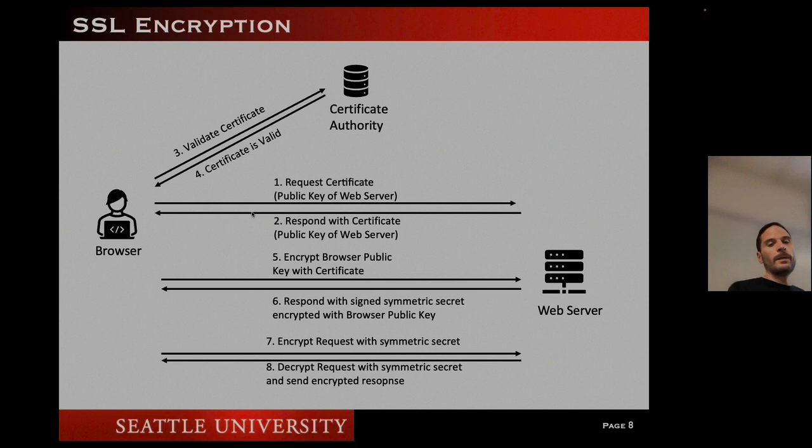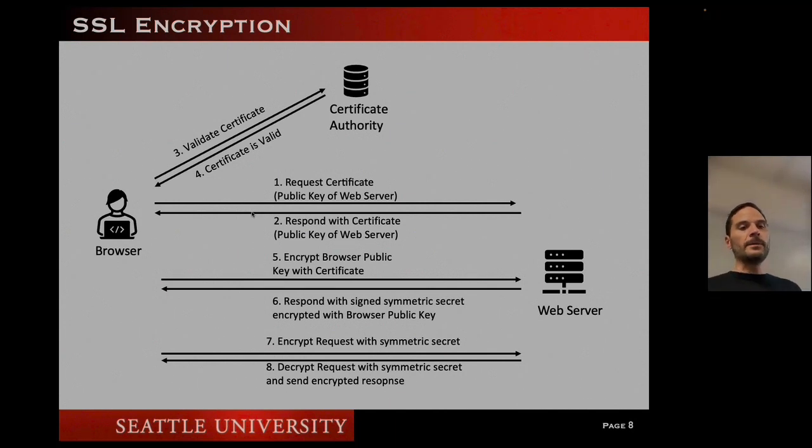So first, the user contacts the web server and requests the web server's certificate. That's when you go into the web browser and see the little locked icon, and you click on that, you actually see the certificate of the web server. That's public. It's essentially the public key of the web server. So the web server sends back the certificate to the user.